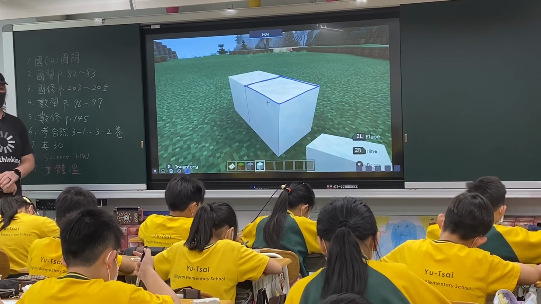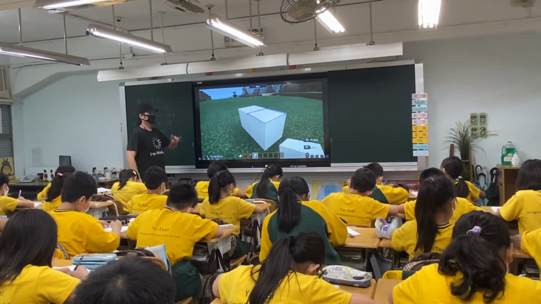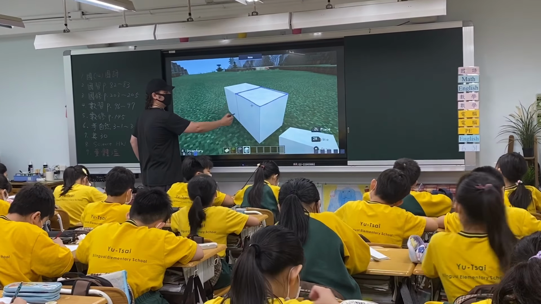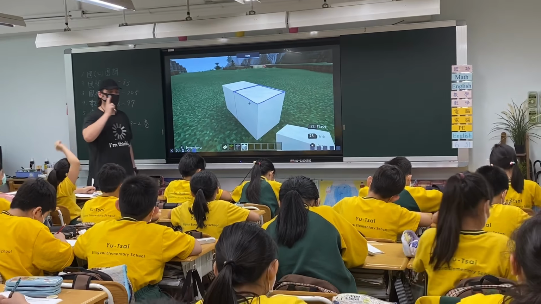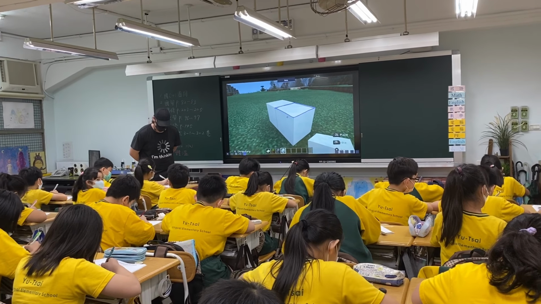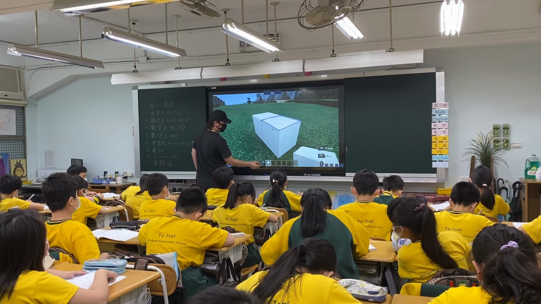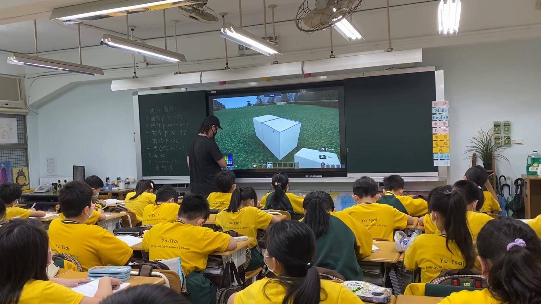I see many of you might have already started doing this. Please make sure you show me 2 blocks. The line in the middle, this line over here, do not erase it. You have to show it. I need to see the 2 blocks. What you're going to do is now make your second rhombus.